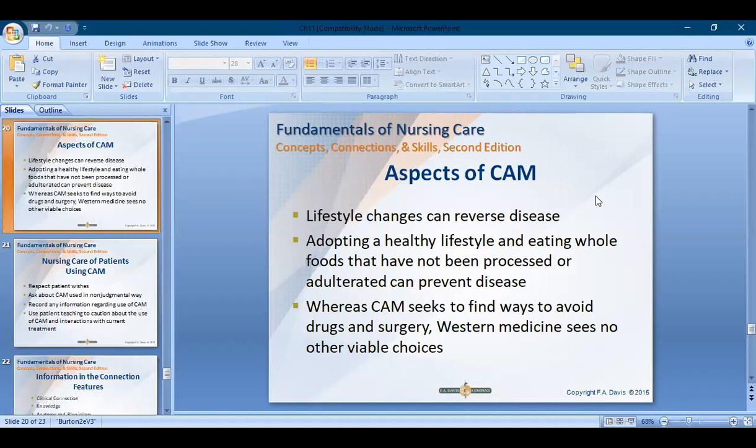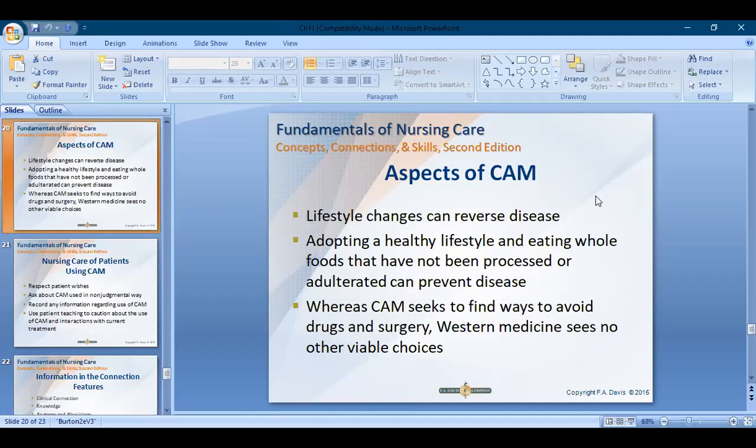Not processed food, not containing too much salt or preservatives. So lifestyle is an important component to prevent the disease. If you have a good lifestyle, if you avoid the sedentary lifestyle, if you do physical exercise, it can protect us from the disease.